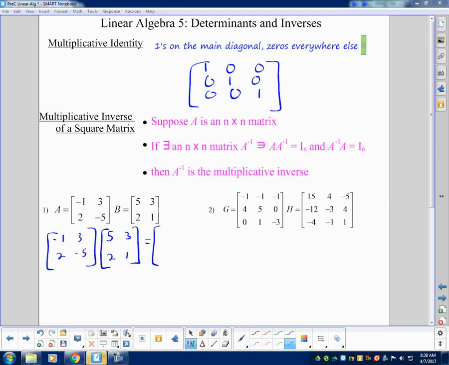And then you're going to add to it the second element in the first row, which is 3, times the second element in the first column, which is 2. So it kind of goes like this. Row times column. But that's not the whole story. You're adding the elements. It's row times column to get that top left element. So it looks like this: -1 times 5 plus 3 times 2. And that calculation gives you the top left element of A times B.